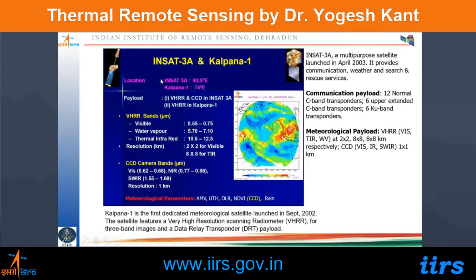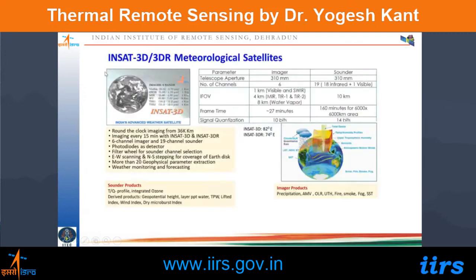India has its own INSAT series of satellites, and there are many INSAT satellites which are used for different applications, environmental, weather, as well as Earth observation sensors. Specifically INSAT 3A, Kalpana 1, and INSAT 3D. In INSAT 3D we have an imager as well as a sounder, a 6-channel imager as well as a 19-channel sounder.